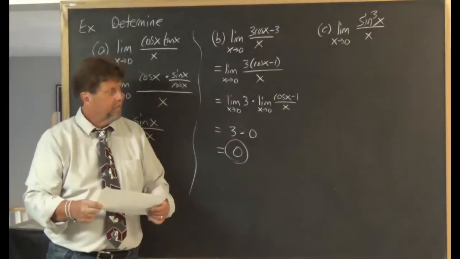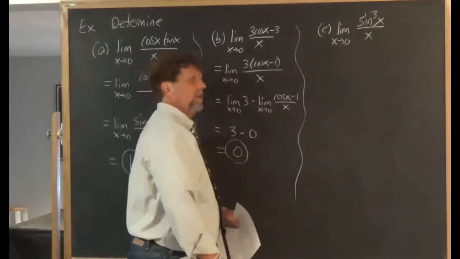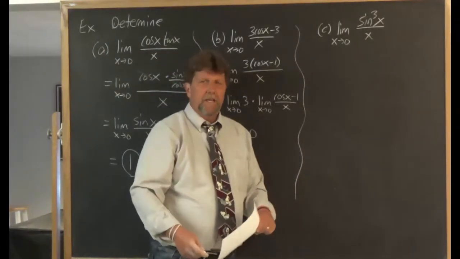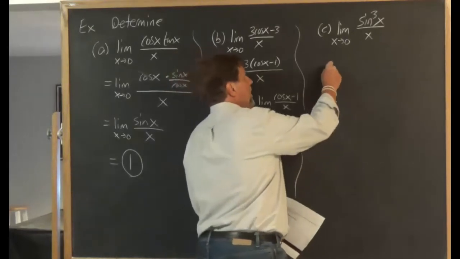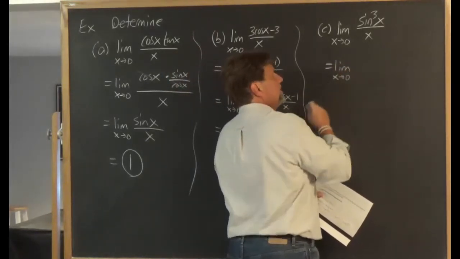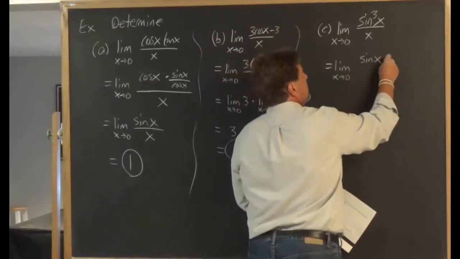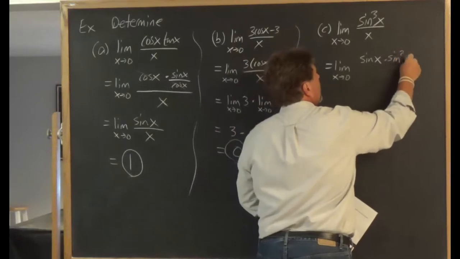Hopefully you got that. Part C, direct substitution gives us 0 over 0. So here's how I look at part C. That numerator, sine cubed x, I think of that as being sine x times sine squared x.